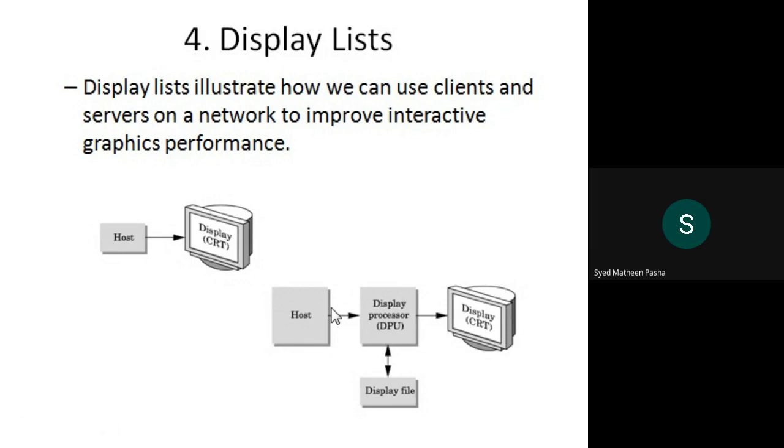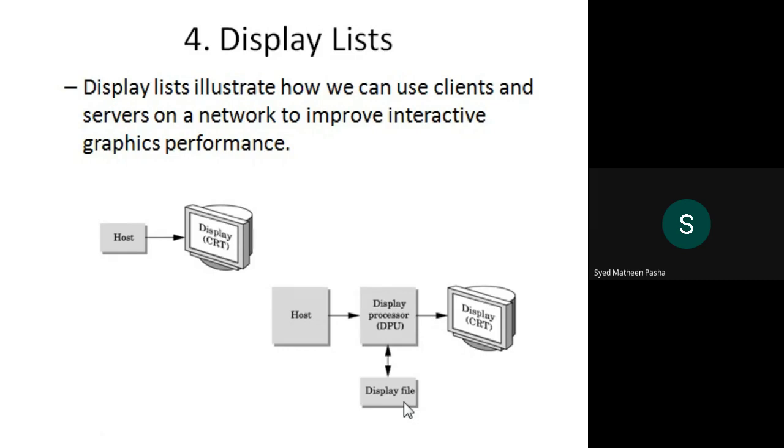That compiled list in the memory is called the display memory, the display list, or the display file. The output of the host as well as the display processor is basically a display file. What is this display file? A display file is nothing but a list which is basically stored in the memory, that is, the display processor memory.